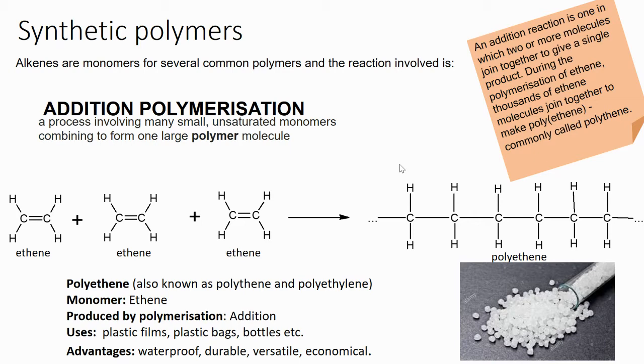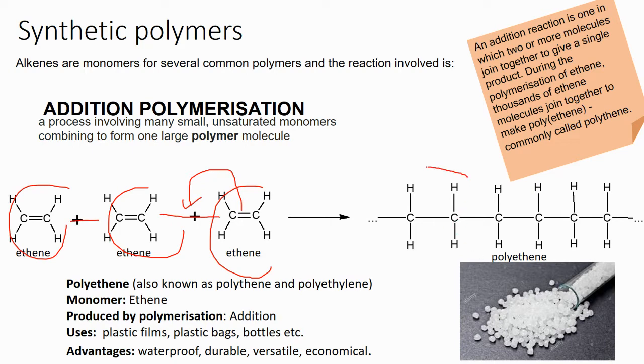During the polymerization of ethene, thousands of ethene molecules join together to make polyethene, commonly called polythene. So we've got one ethene, two ethene, we're going to draw three ethene molecules here. We've got 1, 2, 3. What happens is the double bond breaks and forms a single bond between the molecules.